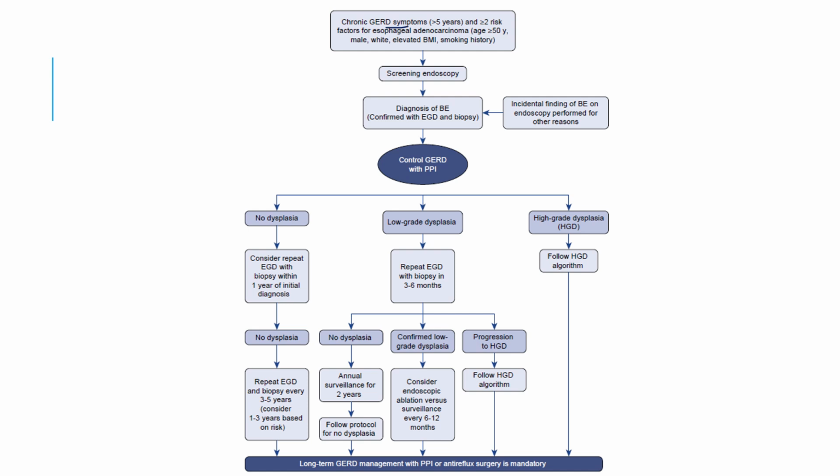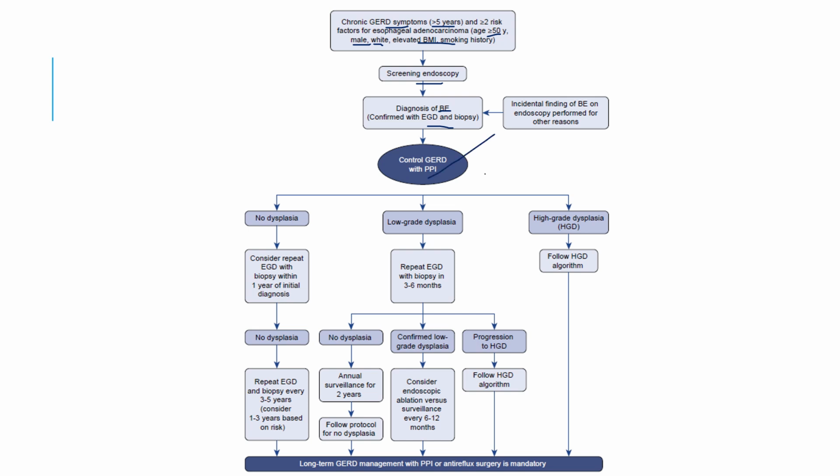So chronic GERD symptoms for more than 5 years or more than 2 risk factors for esophageal adenocarcinoma, which include age more than 50, male gender, white race, elevated BMI and smoking. Then you do a screening endoscopy. If Barrett's is confirmed with the endoscopy and biopsy, you control GERD with PPI.